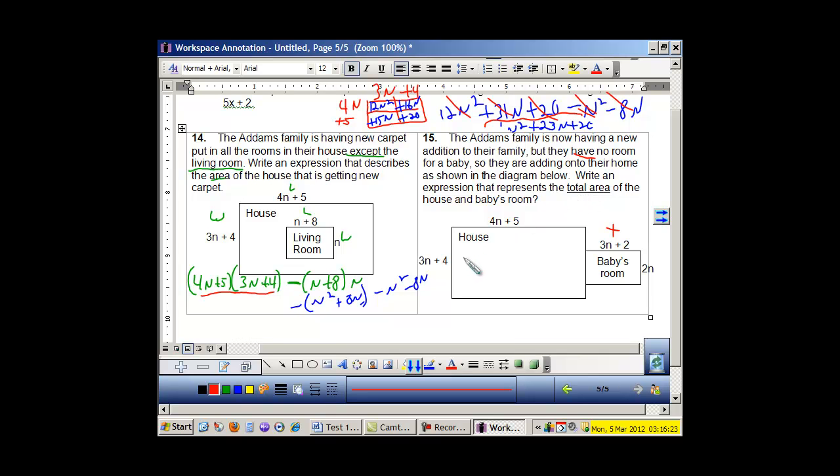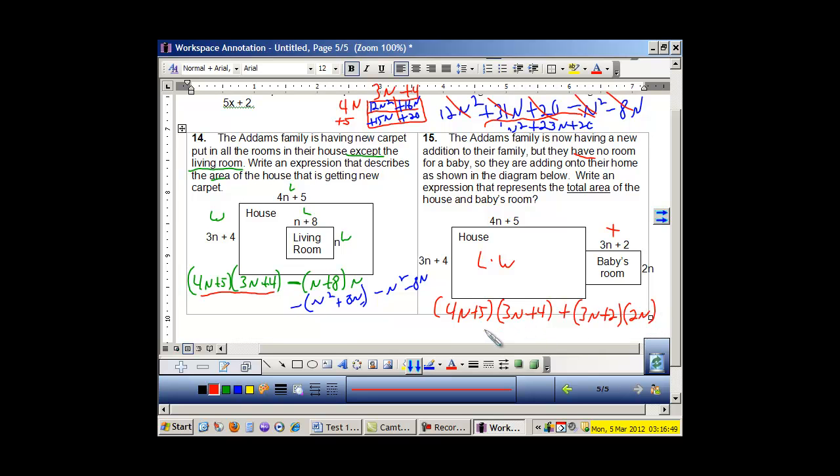Well, hello. So this is length times width, and that's just length times width for the baby room. So let's do it. I have 4n plus 5 times 3n plus 4 plus all of this stuff, 3n plus 2 and 2n.